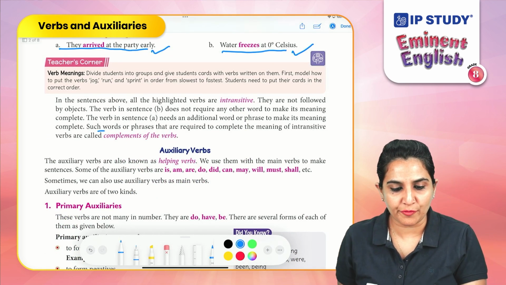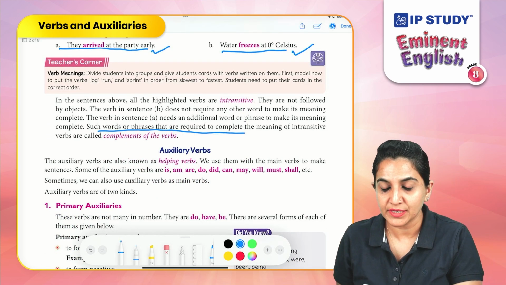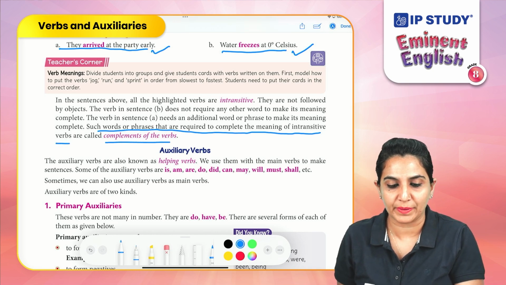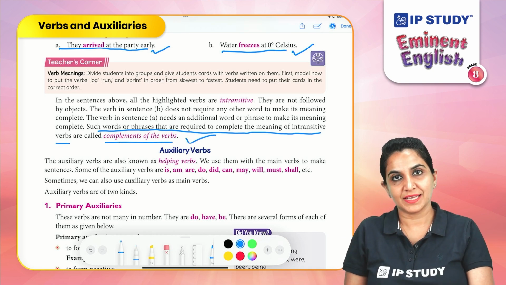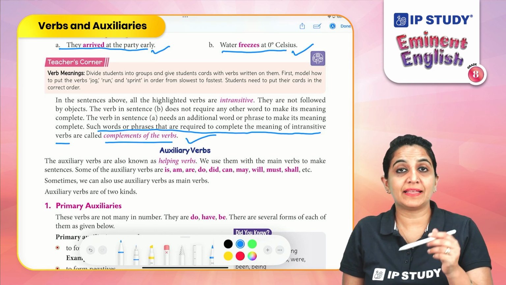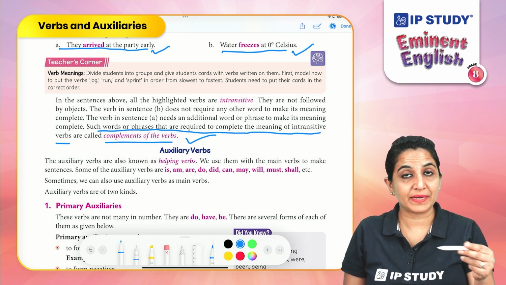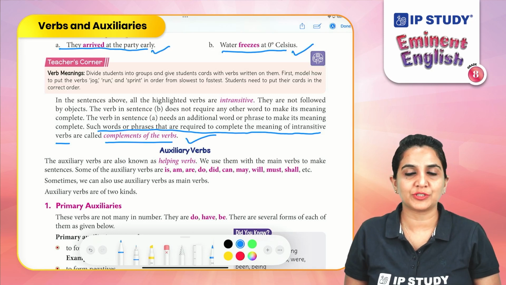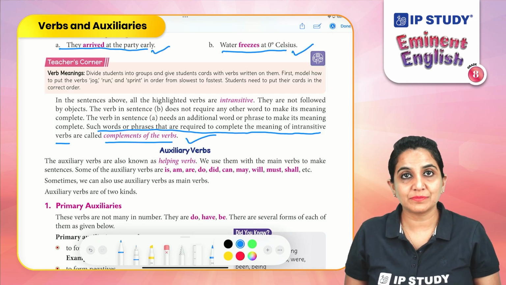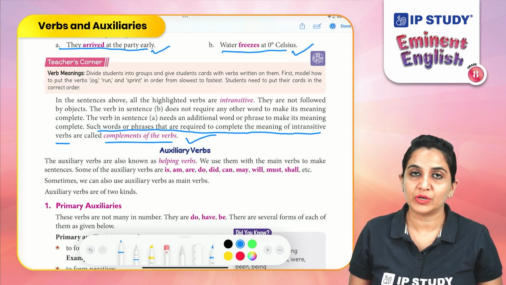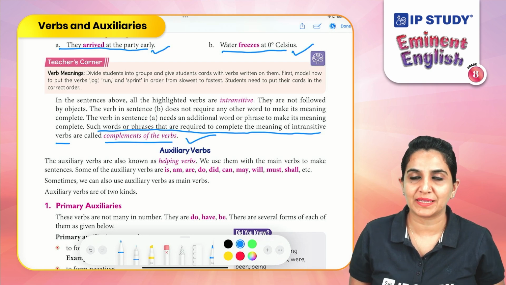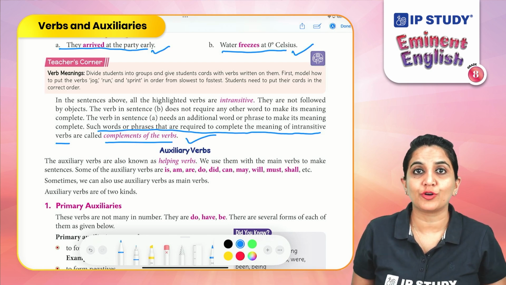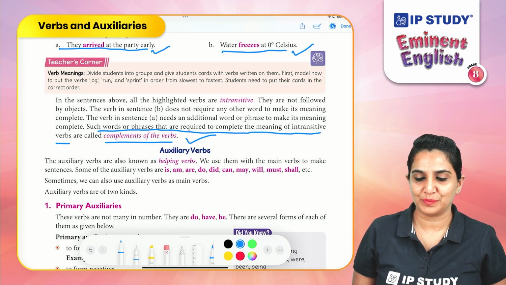Such words or phrases that are required to complete the meaning of intransitive verbs are called complements of the verbs. So transitive verbs require objects to complete the meaning. Intransitive verbs complete the meaning and do not require an object. Sometimes they use some phrases or words which are called complements. They help to make the sentence meaningful for the intransitive verbs.